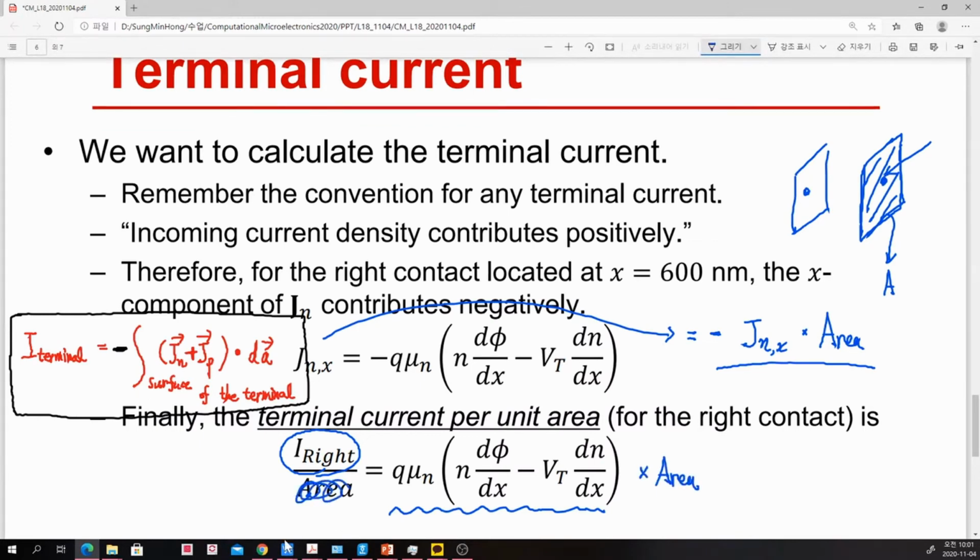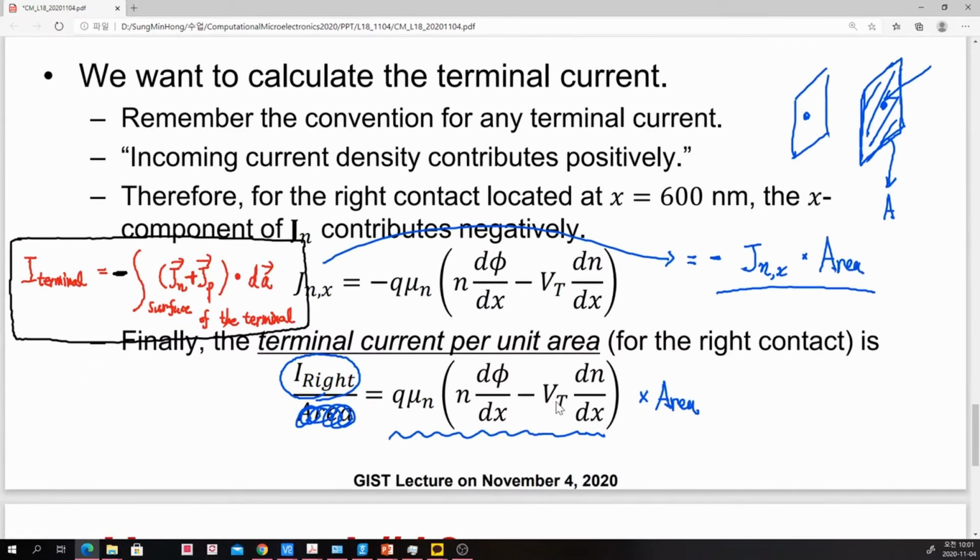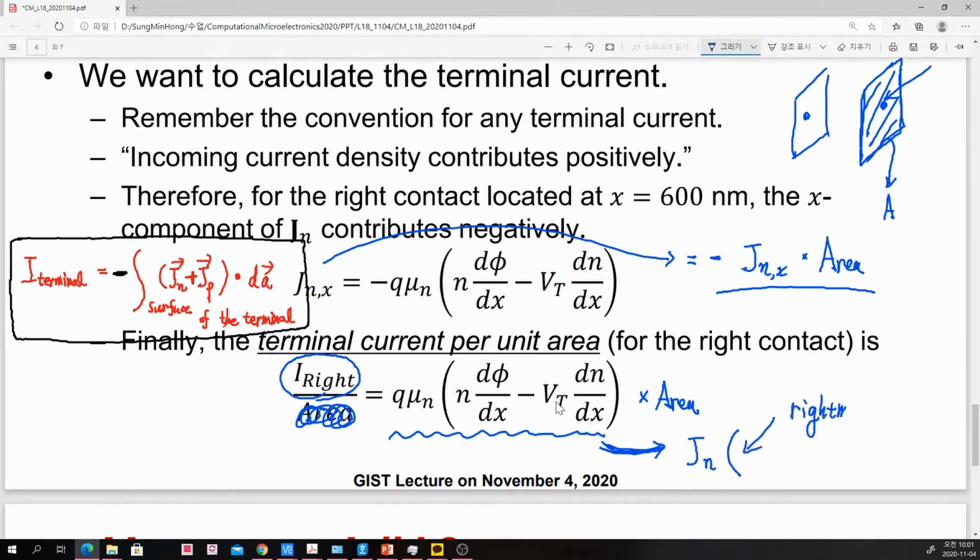So then how can you calculate this number? This is just given by your Jn at the rightmost position. So where do you have it?